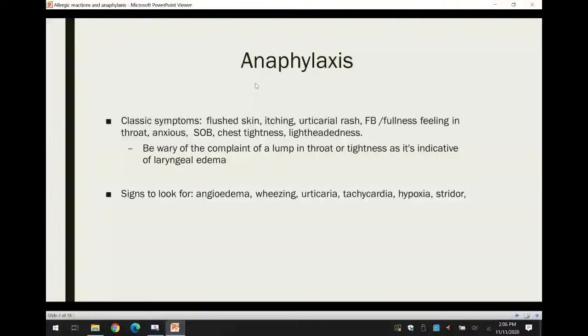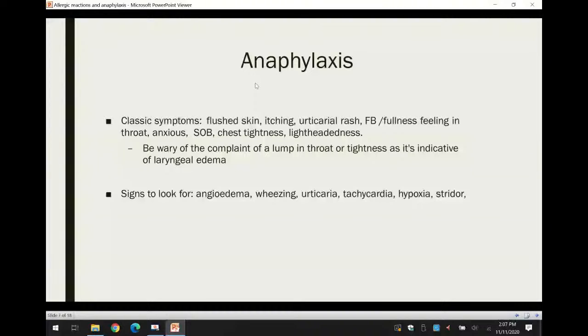And one of the things that oftentimes goes by the wayside, that people don't put together, is that if you have somebody with wheezing and a rash who is also having nausea or vomiting, the GI symptoms tend to get disregarded in people with allergic reactions. And that's actually one of the most common symptoms.